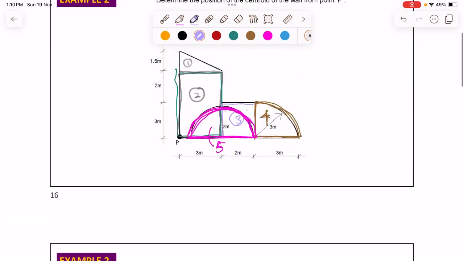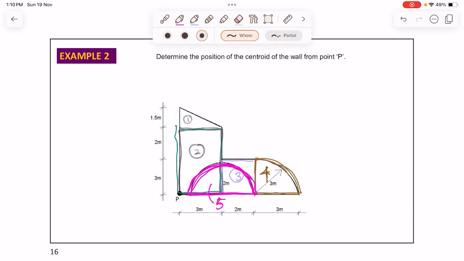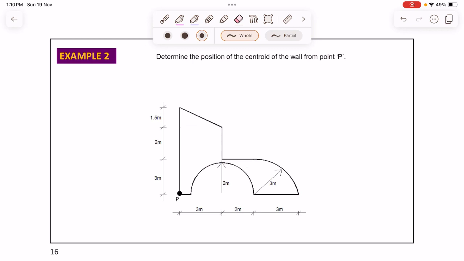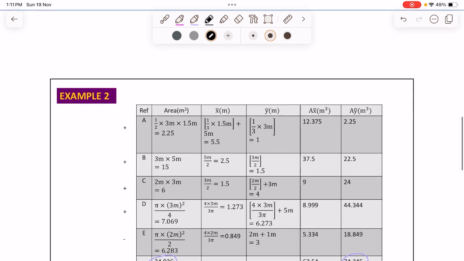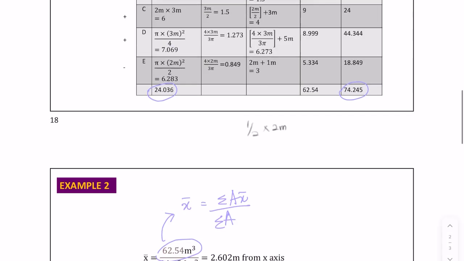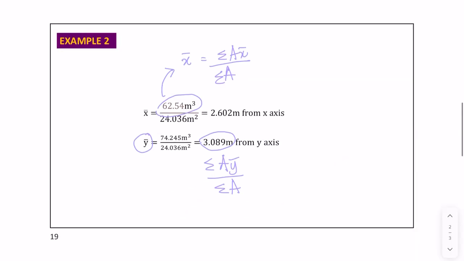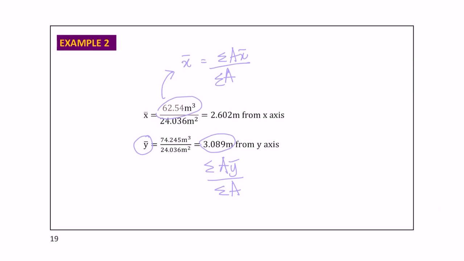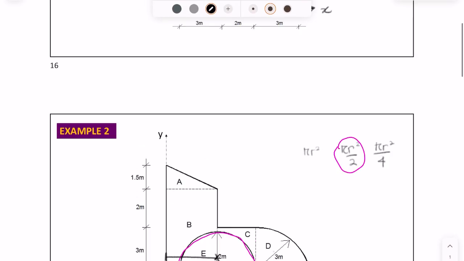Kita boleh draw dalam kita punya gambar di sini to get the idea where exactly the X bar and the Y bar. Draw the axis first. Sebab ini adalah kita punya reference line ya. Get the value. X bar equal to 2.602 meter and Y bar equal to 3.089 meter.